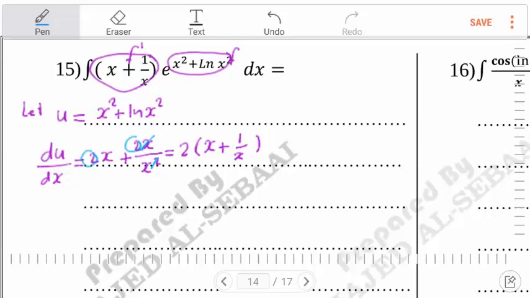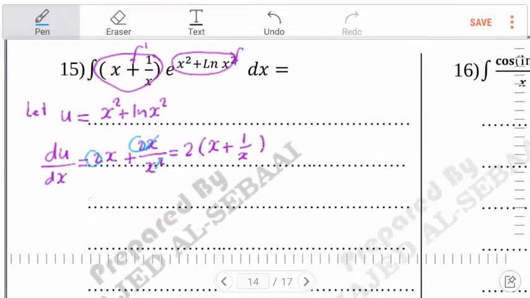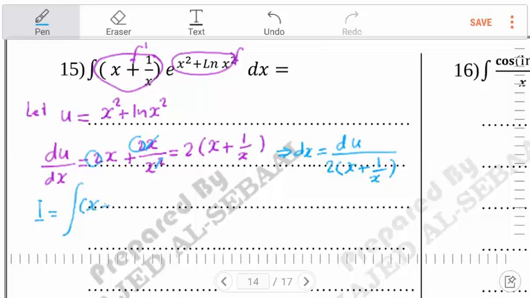Yes. Good. So, now the integration is going to be, I forgot to make dx the subject. What will it be? It will be du over 2 bracket x plus 1 over x, right? Now, I equals the integration. Leave that as it is, x plus 1 over x.